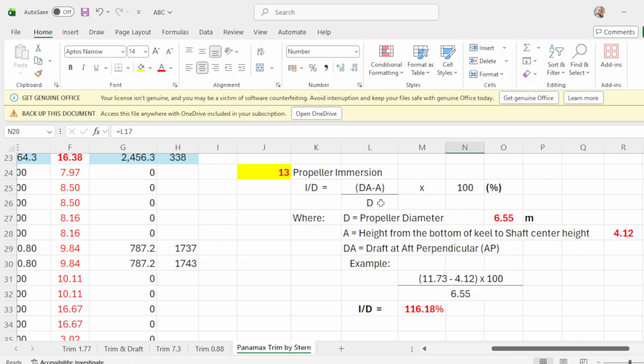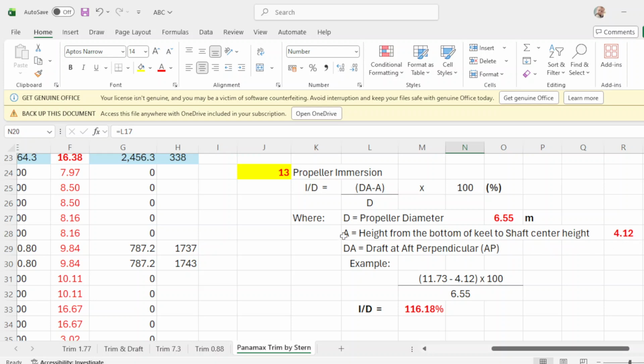Propeller immersion is dA over D. dA is the draft at aft perpendicular, and D is your propeller diameter. A is your height from the bottom of keel to the shaft center, which is 4.12.